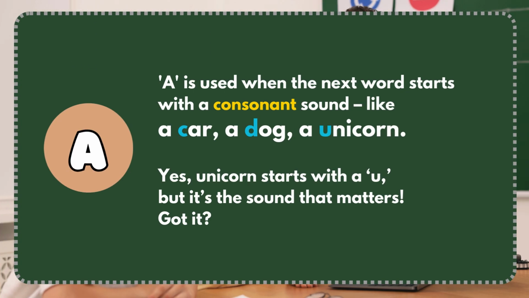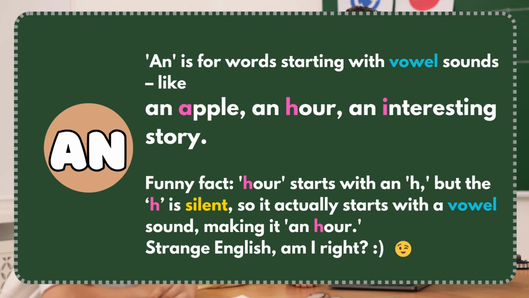The article a is used when the next word starts with a consonant sound, like a car, a dog, a unicorn. Yes, unicorn starts with U, but it's the sound that matters. Got it? And the article an is for words starting with a vowel sound, like an apple, an hour, an interesting story.